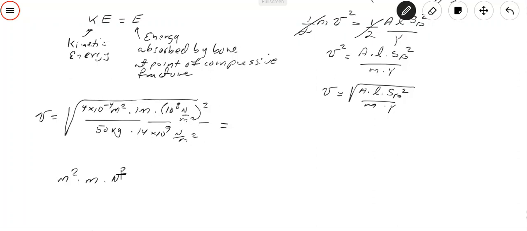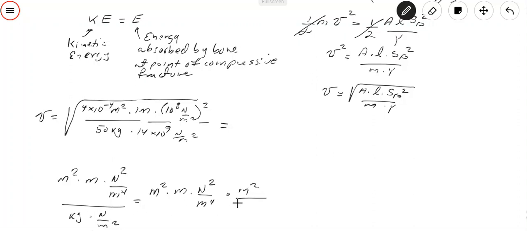When you square a meter squared, you get meter to the fourth power. And below you have kilograms, and you have newton over meter squared. So I will flip and multiply. I get meter squared times meter times newton squared over meter to the fourth power, times, when I flip, meter squared on the top, and I am dividing by kilograms newton.